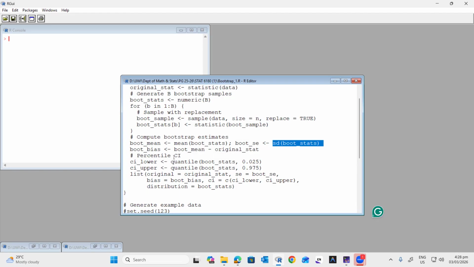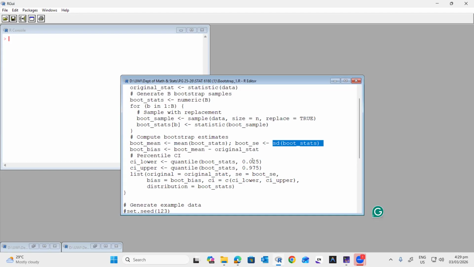All right, so the percentile confidence interval. There are several ways to find the confidence interval in the bootstrap, which we will discuss just after this. For the CI lower, we take the quantile of boot stats at 0.025, because we don't know whether our data is symmetric or not. That is why we take the quantile confidence interval.